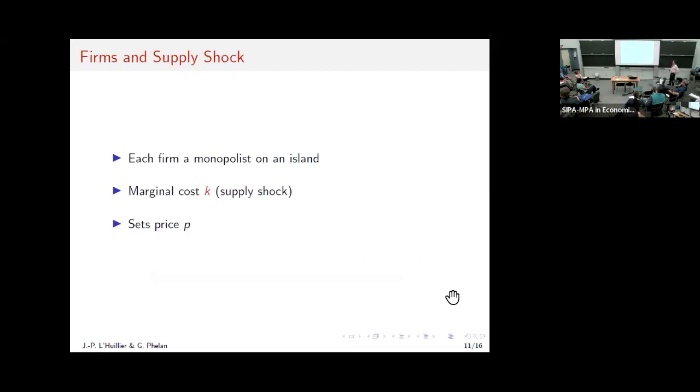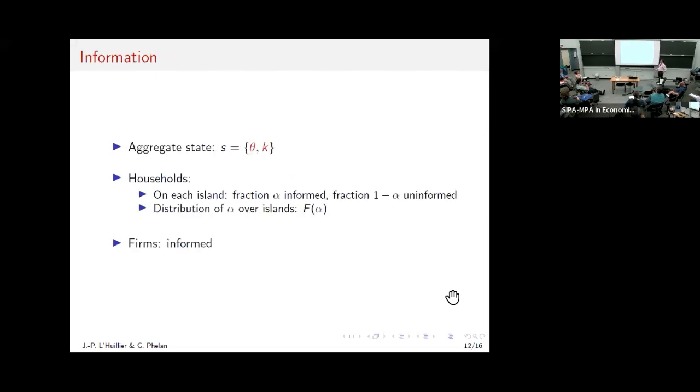Firms: in each island, there's one firm which is a monopolist and is setting a price. There's a real marginal cost k, that is the supply shock, and the firm sets a price p.